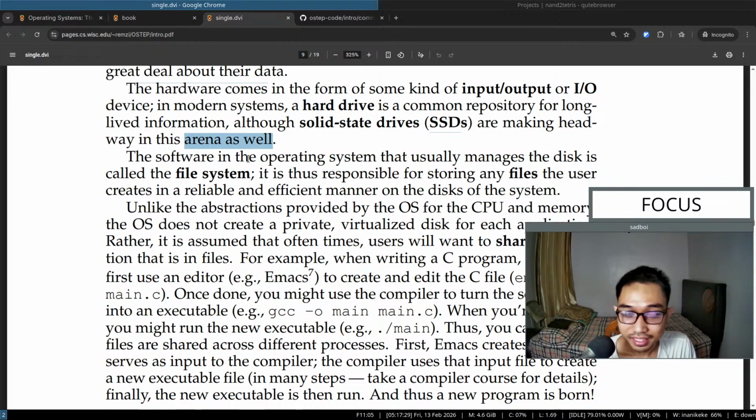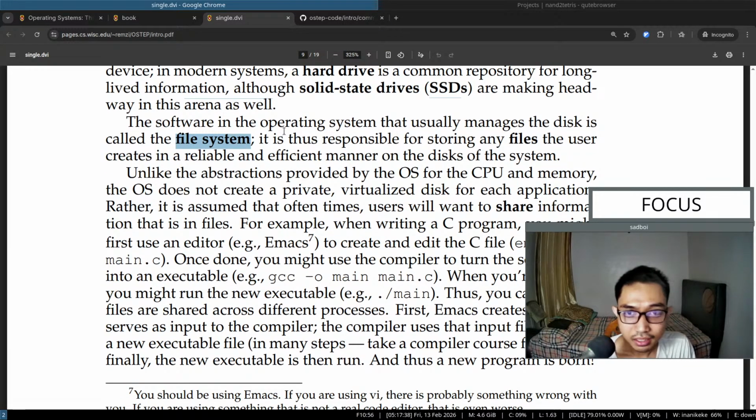The software in the operating system that usually manages the disk is called the file system. It is thus responsible for storing any files the user creates in a reliable and efficient manner on the disks of the system.